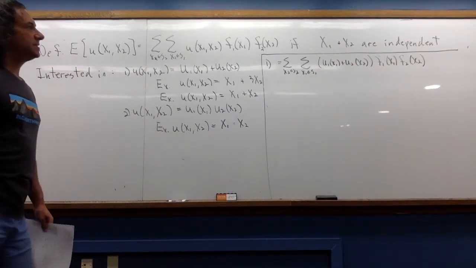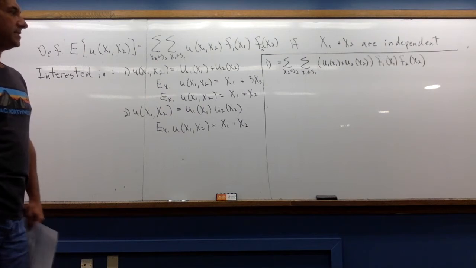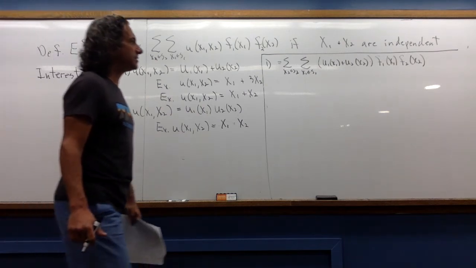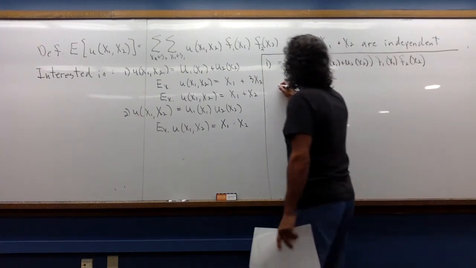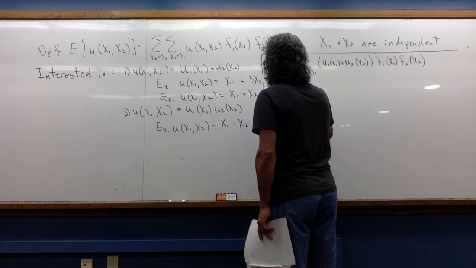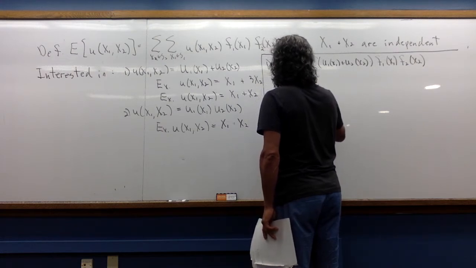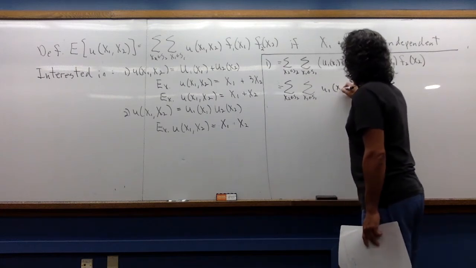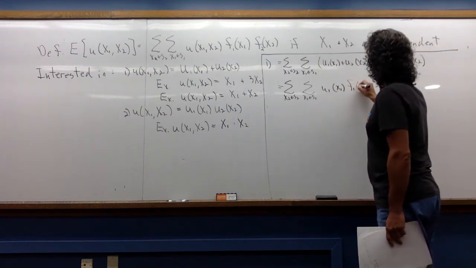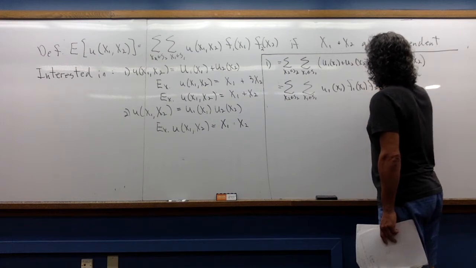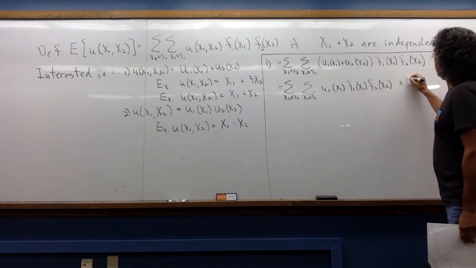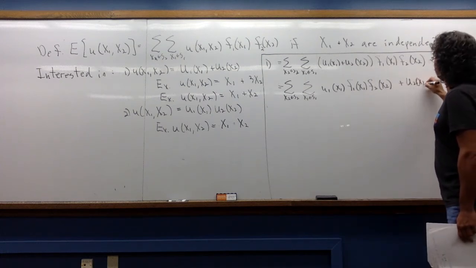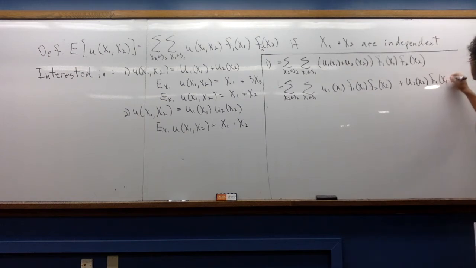All right, so let's see how we can simplify this. Well, the first thing I can do is distribute. I get the same thing, the double sum, and I'm just going to distribute my f1 of x1 times f2 of x2. So I distribute that here, and for the second guy, u2 of x2 times f1 of x1, f2 of x2.